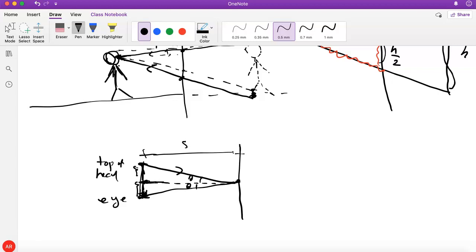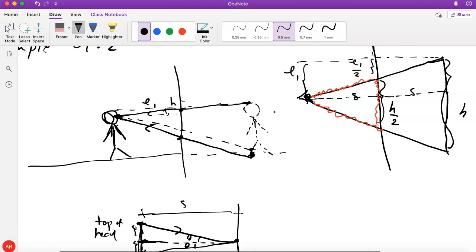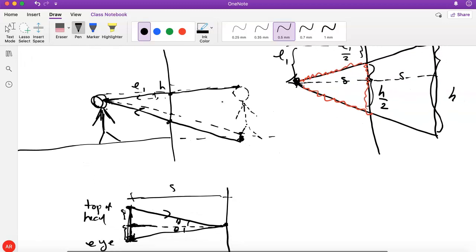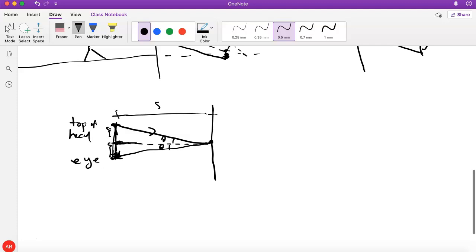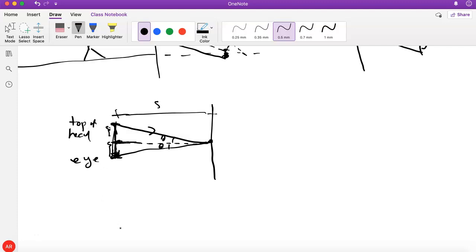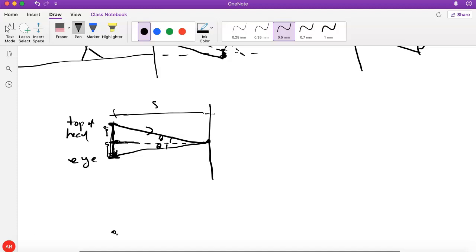And then if their sum is L1, which is the distance between the top of your head and your eye, then that should be L1 over 2. Similarly, we can play the same game, except instead of the top of your head, you think about your feet.